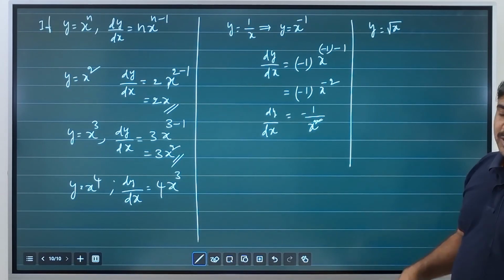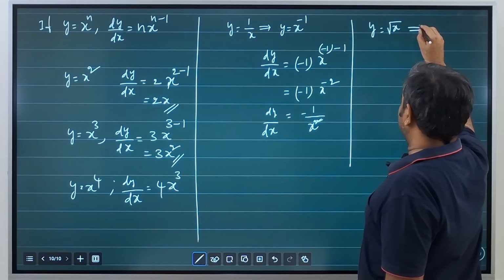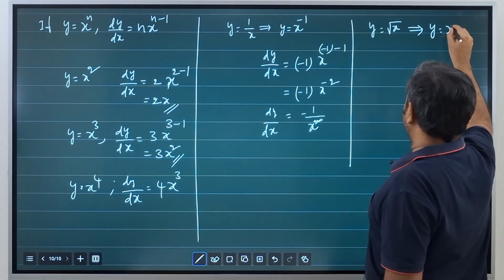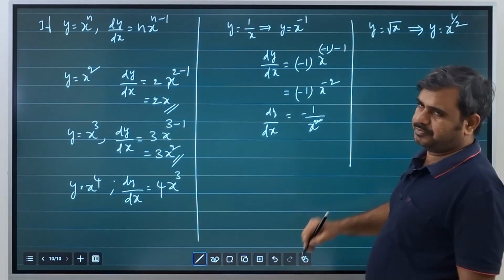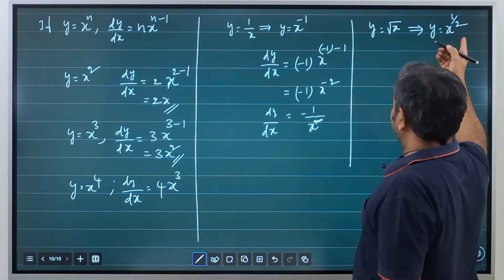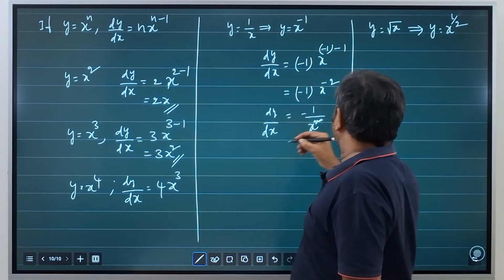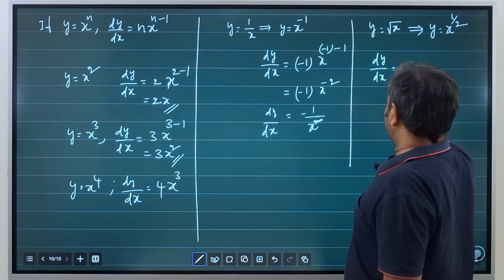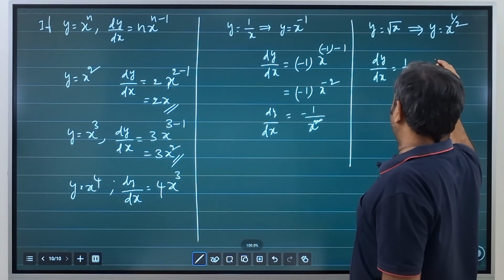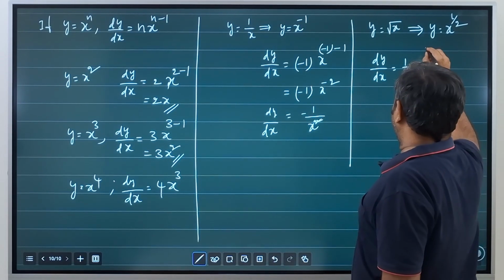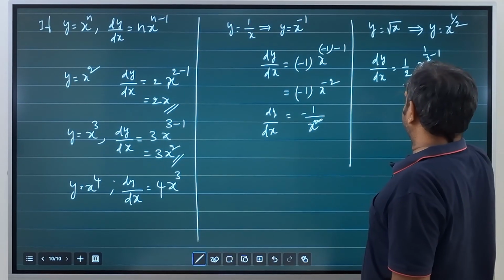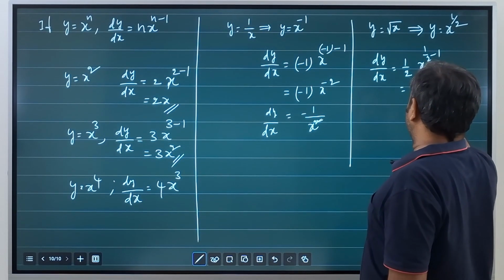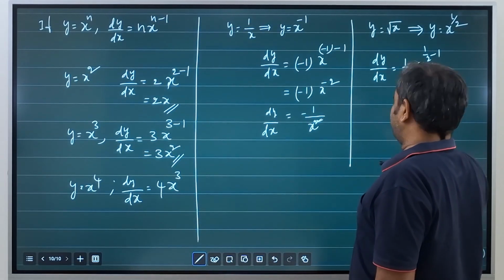Y is equal to square root of x. Y is equal to square root of x means y is equal to x to the power of half. Okay, we have half in place of n. So dy by dx is equal to half into x to the power of half minus 1. Half minus 1 is minus half.